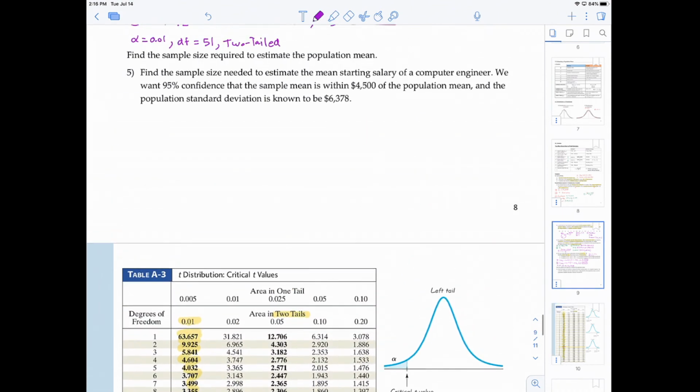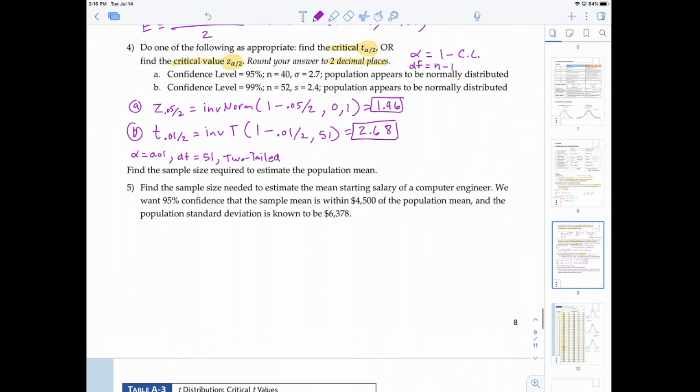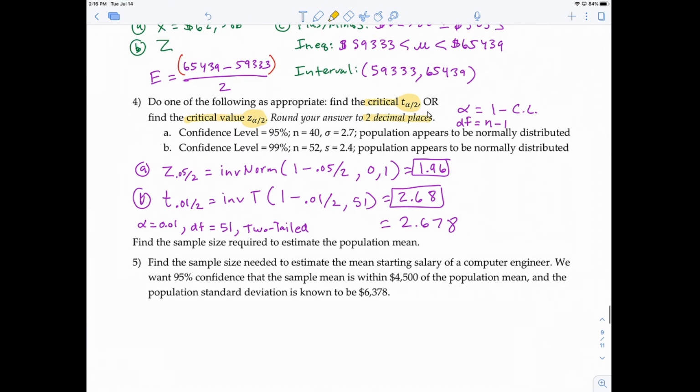So using the table, we get 2.678. If you round to 2 decimal places, as the instruction suggested, you get the same exact answer; the 7 becomes an 8. So that's how you figure out critical t values or critical z values.